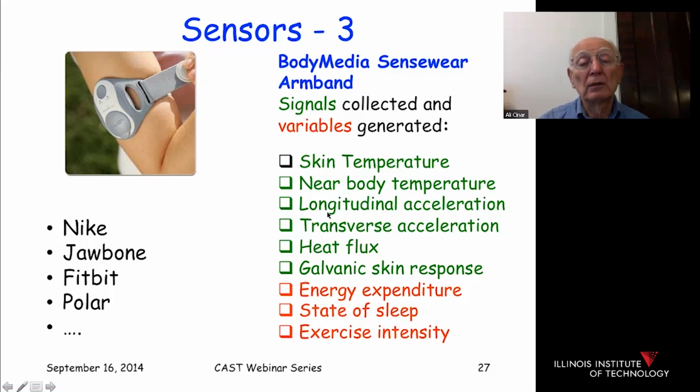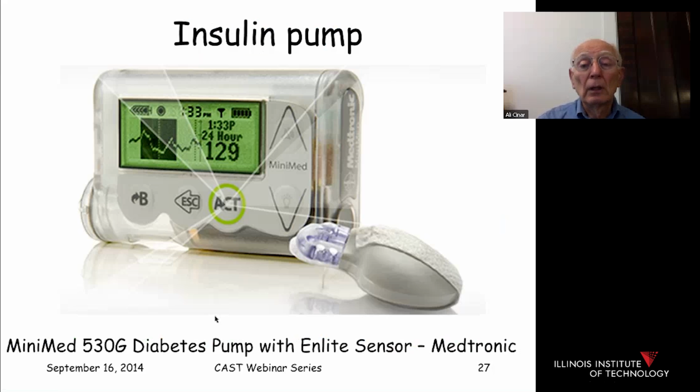The more current versions have three directional accelerometers, heat flux, and galvanic skin response. And then using all these variables and their software, one can generate information about energy expenditure, the state of sleep, or the intensity of physical activity. So we have incorporated that information in our control systems as additional sensors.